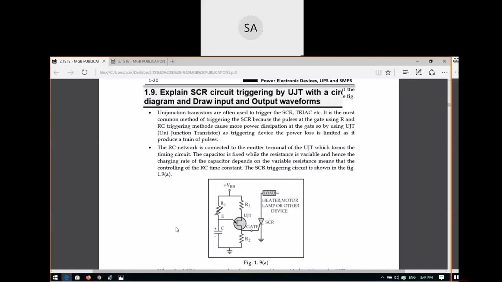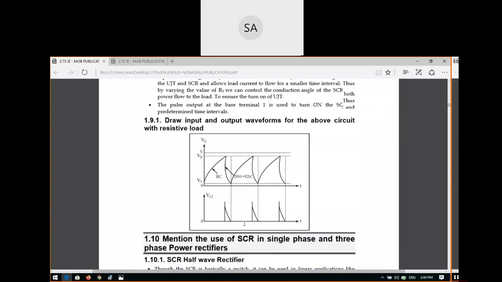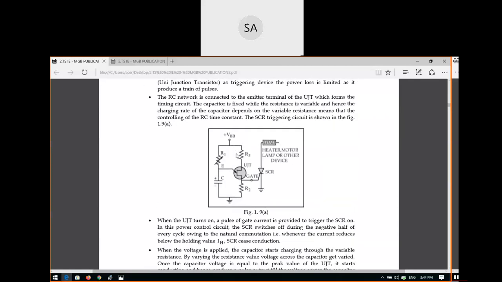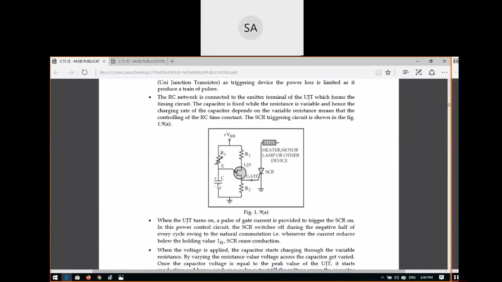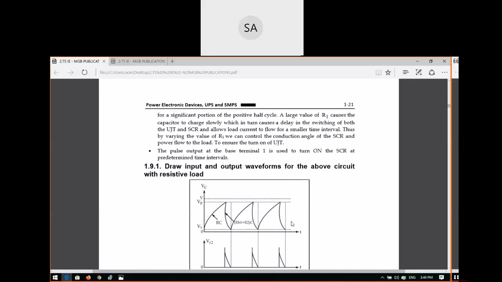Okay, so you have to draw the circuit as well as the input and output waveforms. There is no input waveform, because it is an oscillator. This is an oscillator, there is no input. You can generate output waveforms at the capacitor as well as at the base 2 terminal, and it is given to the SCR. Some books show input and output waveforms, but that is wrong; there is actually no input.